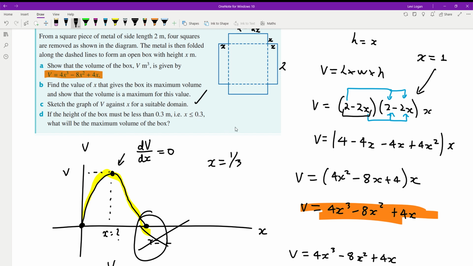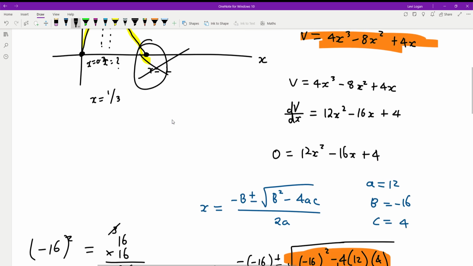Well, 0.3 is smaller than a third, because a third is 0.333 recurring. So this is slightly smaller. So whatever the x value is at 0.3 will be the maximum value.